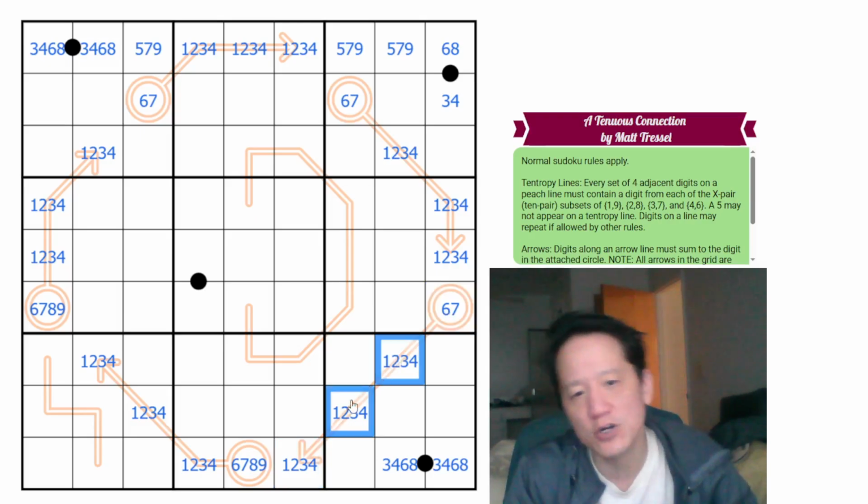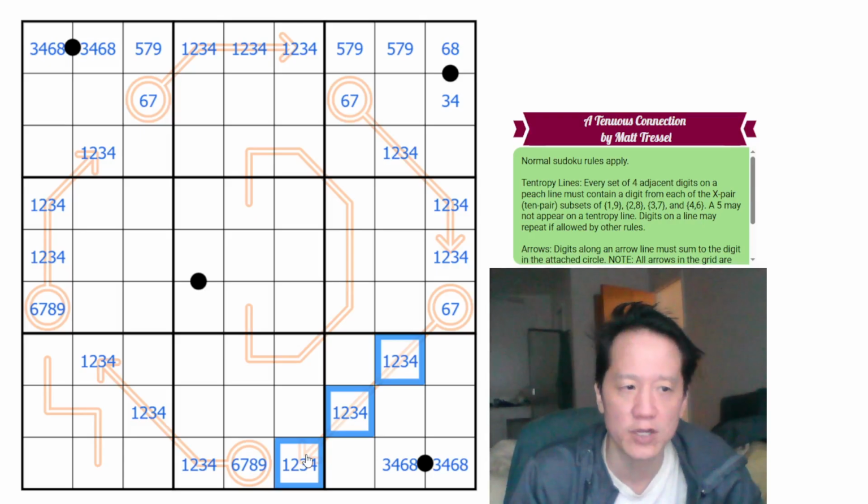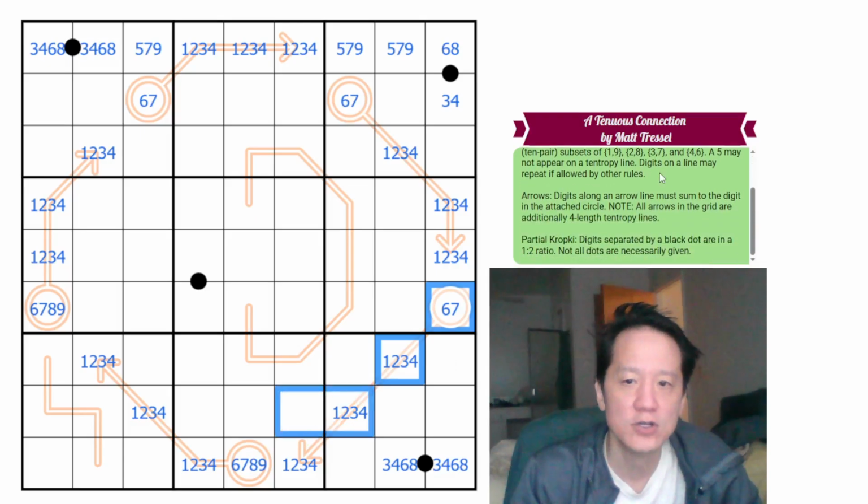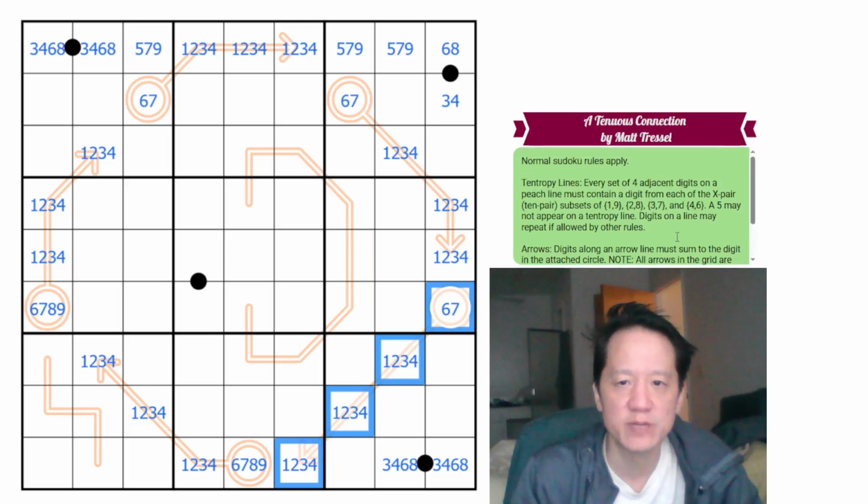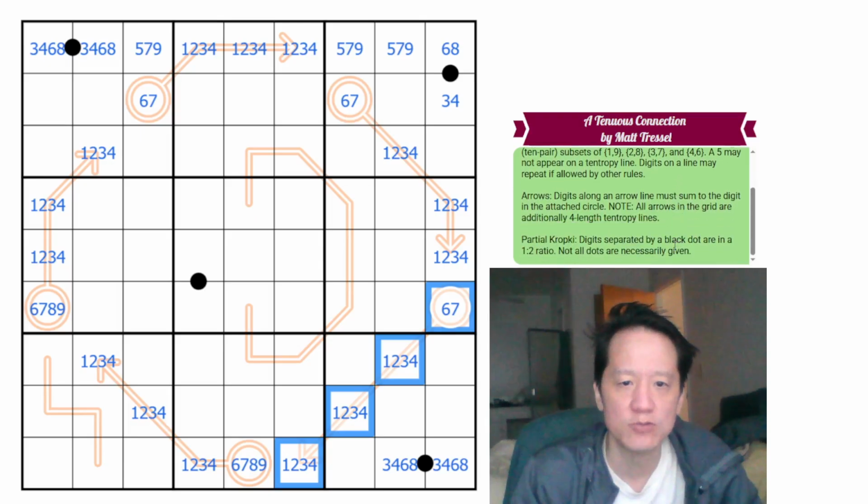And the reason you know this has to be distinctly 1, 2, and 3 is they have to be different subsets along this entropy line, right? If you have any repeats, which are allowed on entropy lines and arrows, the problem is you can't have repeats in just 4 digits on an entropy line, because then they would be part of the same subset, and that would break the entropy line rules.